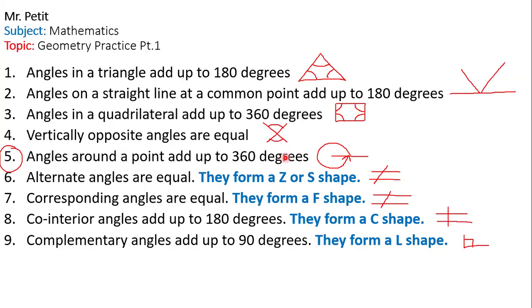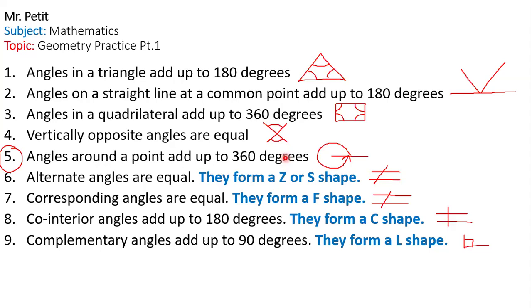And so, class, co-interior angles add up to what? 180 degrees. Very good. Vertically opposite angles are? Equal. Alternate angles are? Equal.